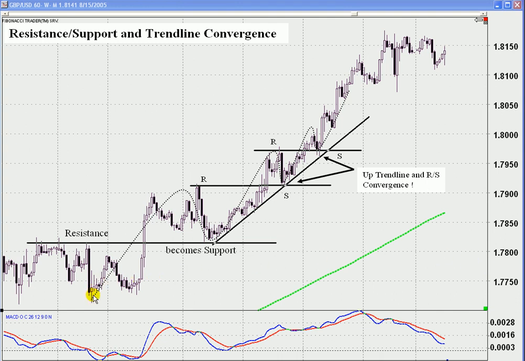As an example, we lift from these lows and look at the market characteristics. Look at the test of the lows and then a subsequent rally. Resistance becomes support. We now start an uptrend. Resistance becomes support. Resistance becoming support, converging with the trend line, and a nice bounce. The following trading session, resistance becomes support again, converging with a trend line.